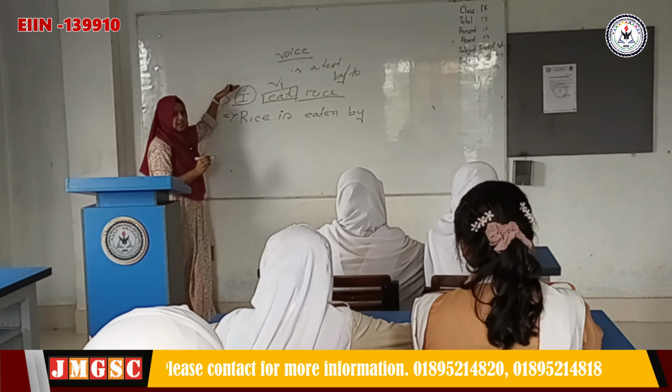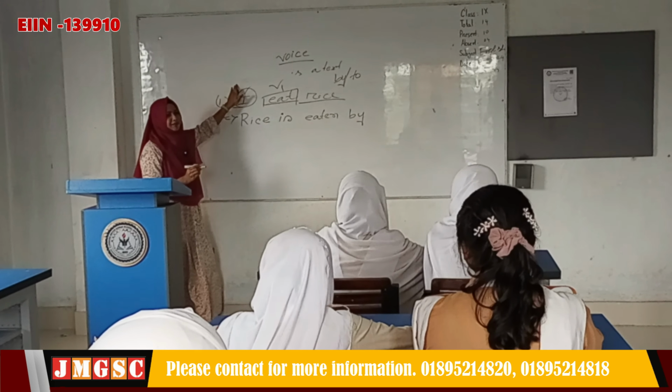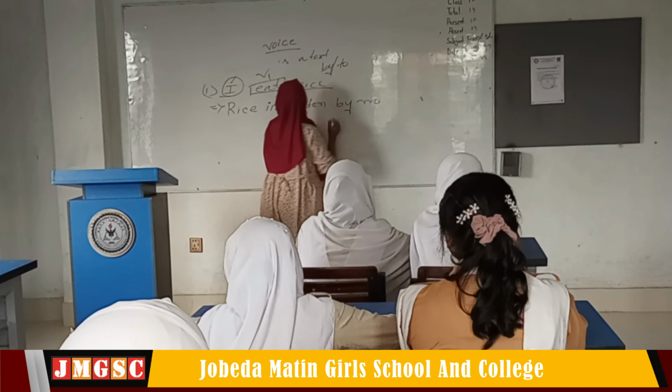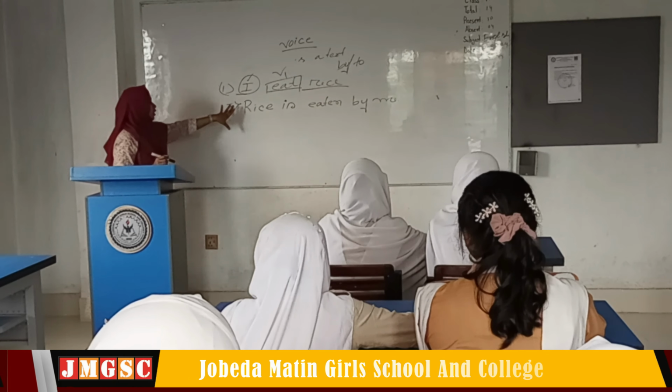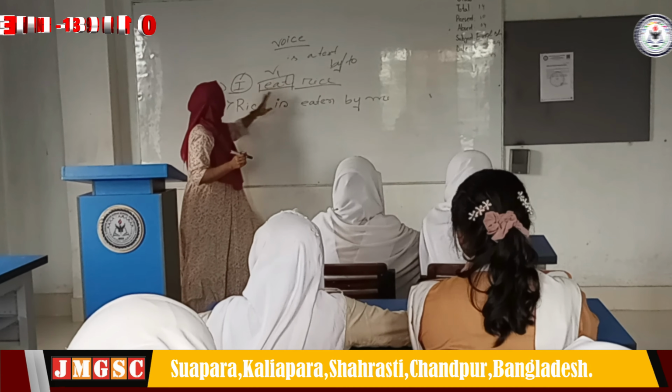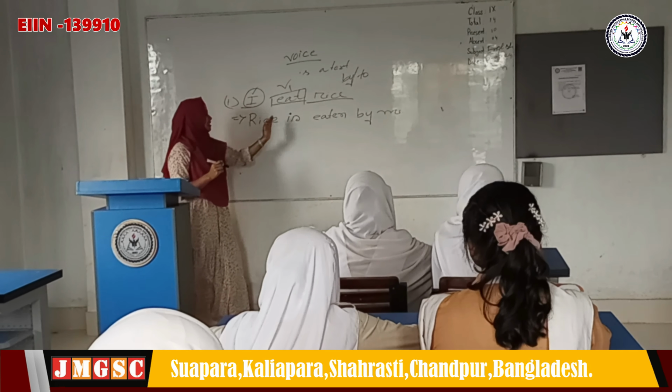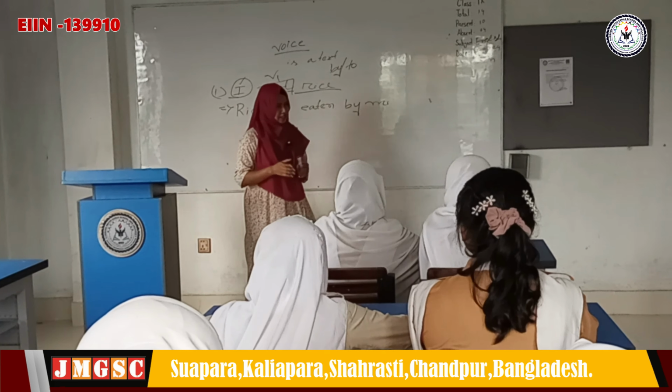What is the subject? Subject is I. What is the objective form of I? Me. Very good. That's all. Rice is eaten by me. I eat rice was an active voice, and rice is eaten by me is a passive voice.